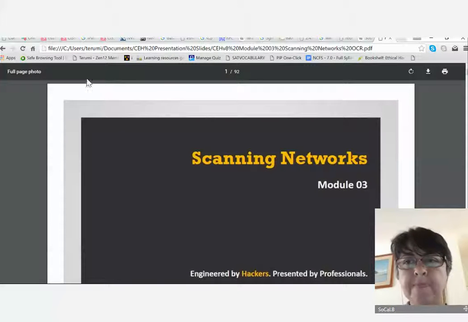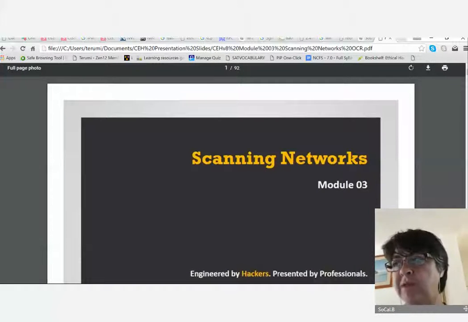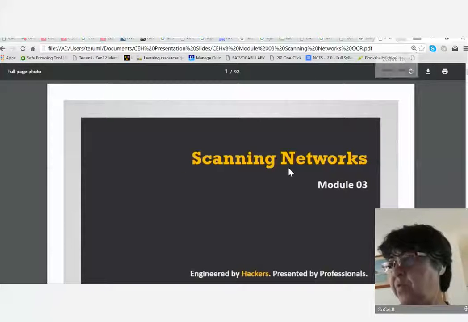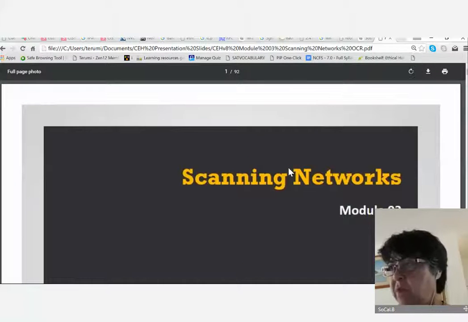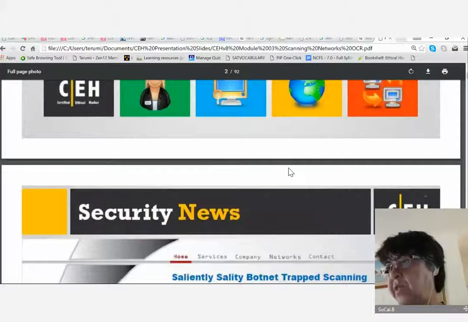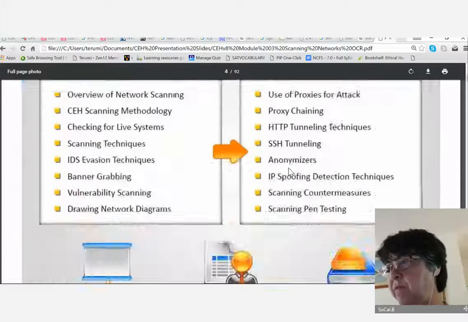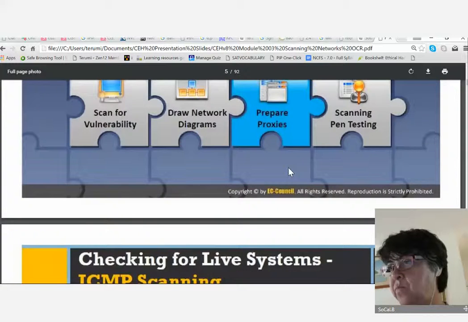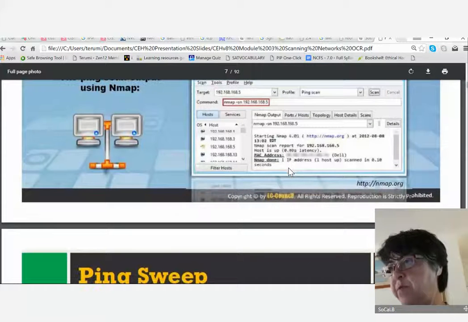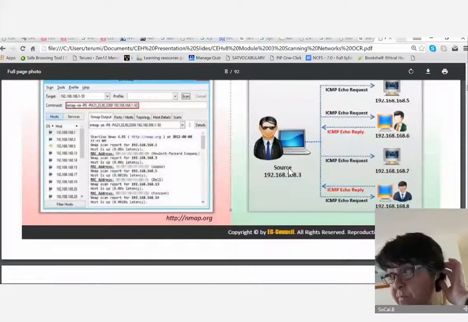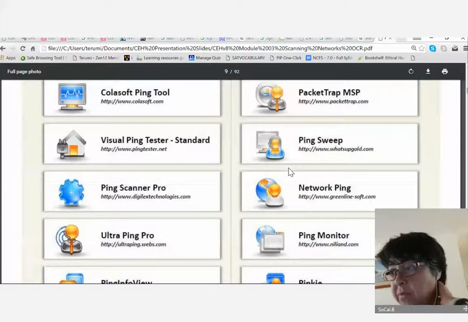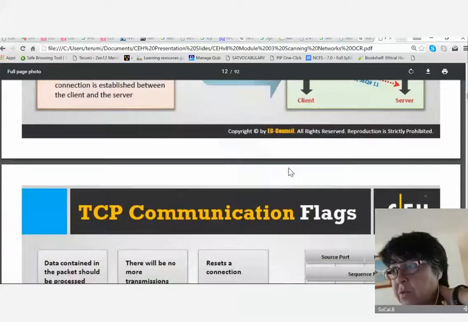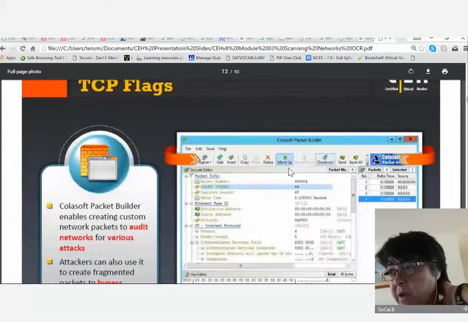Scan network. This is my CEH slide. Scanning is just a part of the attack. I'm just going to skip through stuff that we don't need. Scanning methodology. I'm almost there.